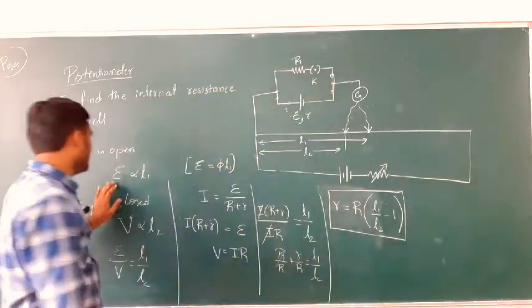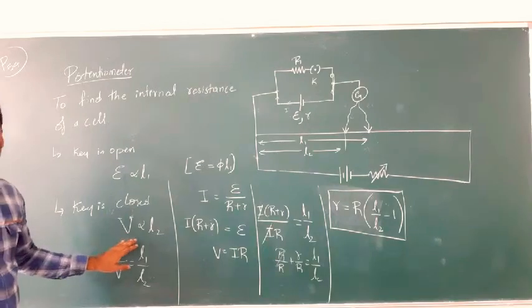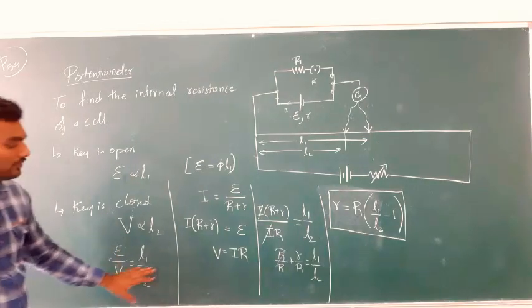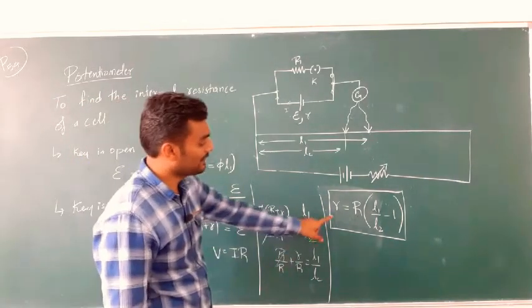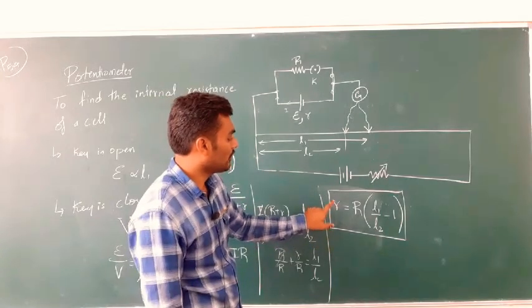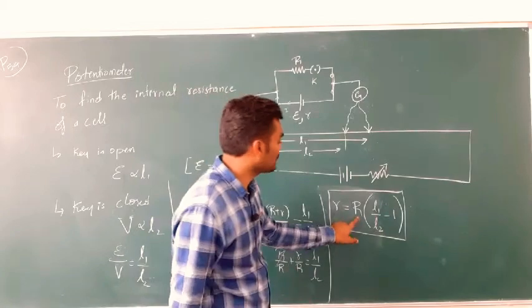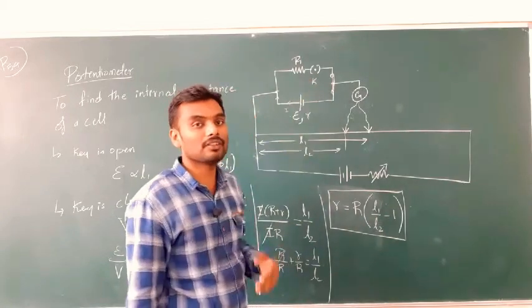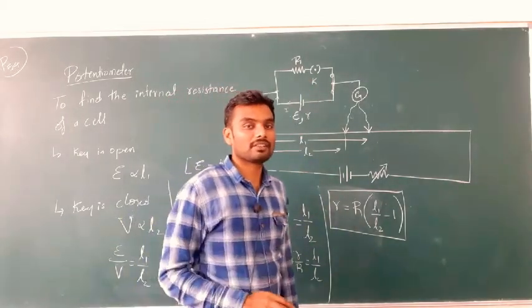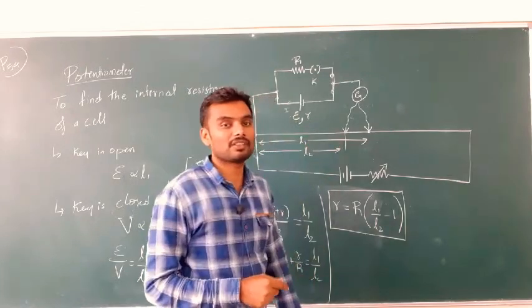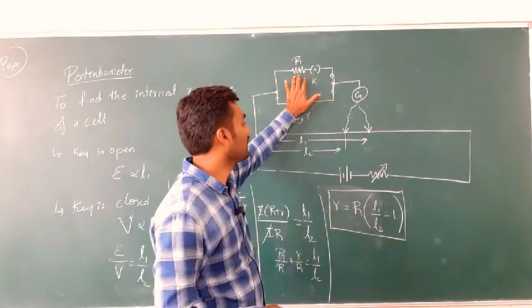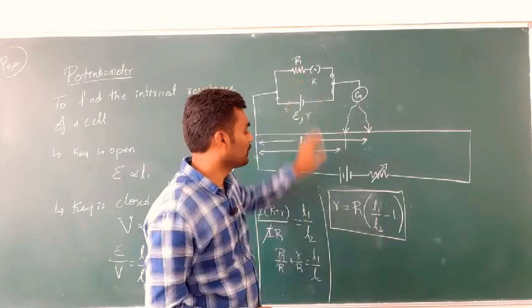So we took E proportional to L1, V proportional to L2 and the ratio is as follows, and this is the final expression for the internal resistance of the cell expressed in terms of external resistance. We will decide the external resistance value, what resistance should be connected there. So that value is easy to obtain.